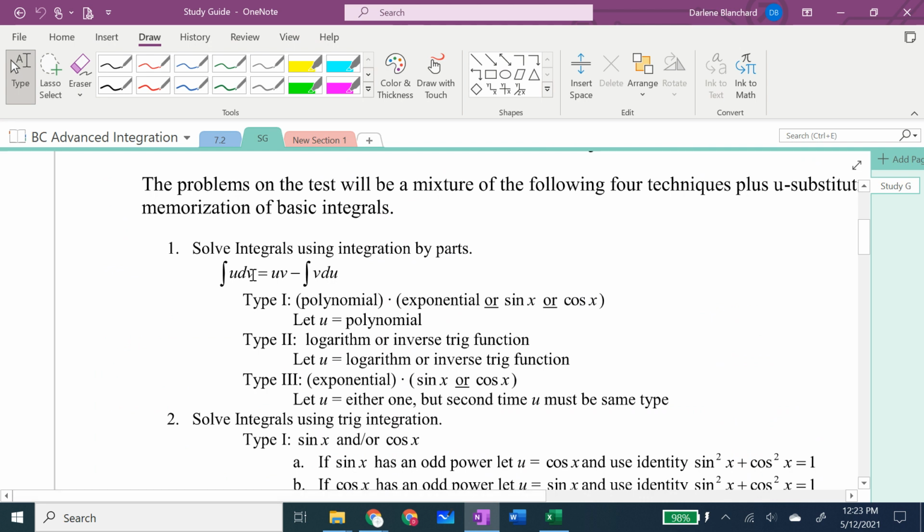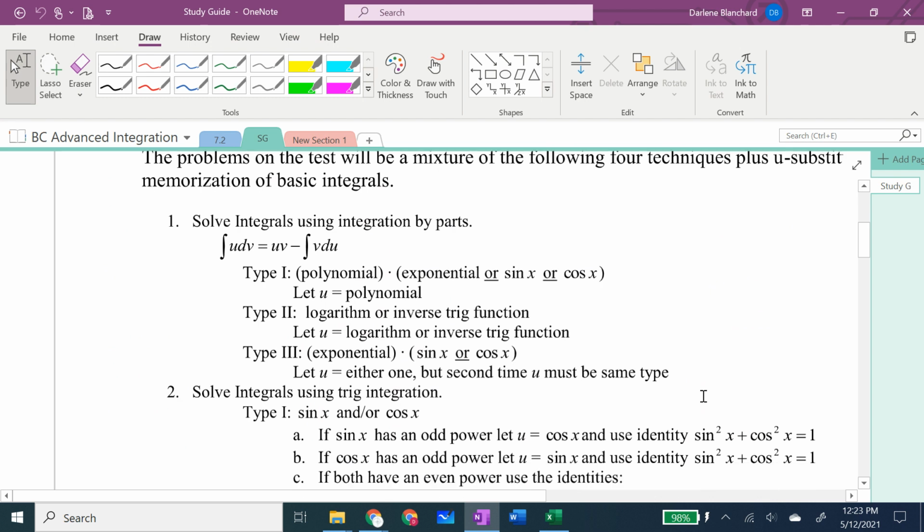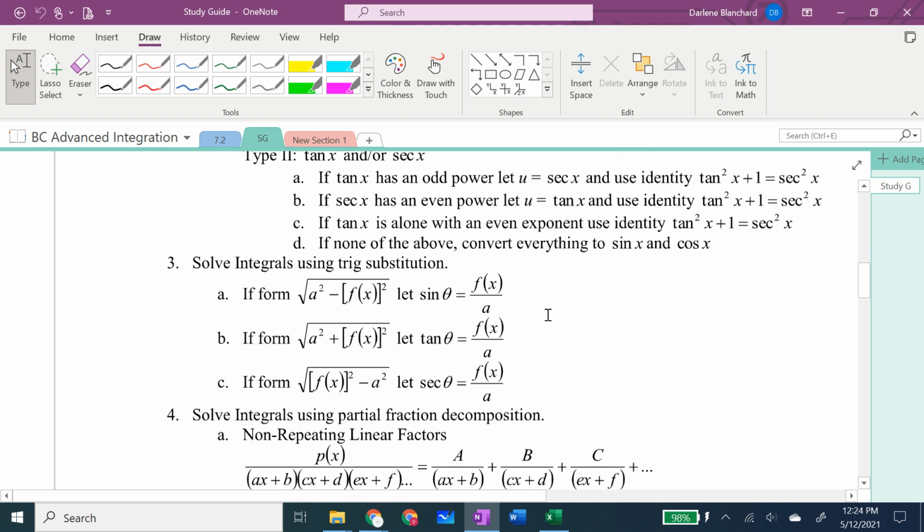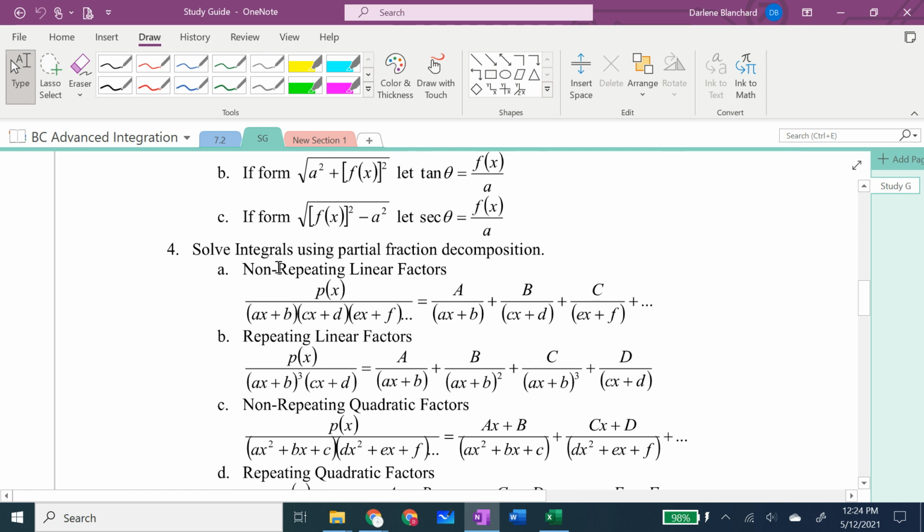And first, I've got the integration by parts. We will be going over that again and making sure you have it down. Then there's solving trig integrals. Soon we're going to do trig substitution. And then we are going to continue with fraction decomposition. We have only learned this first one so far.